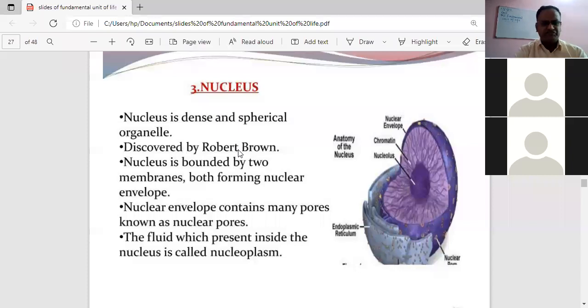Nucleus is a dense and spherical organelle. It is bounded by two membranes, both forming the nuclear membrane. And the nuclear membrane contains pores known as nuclear pores. The fluid, or we can say the cytoplasm of the nucleus, is called the nucleoplasm.